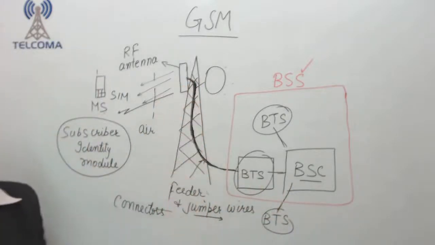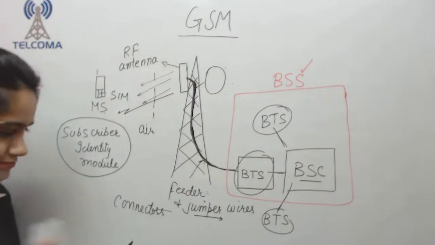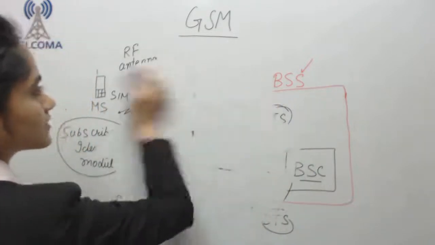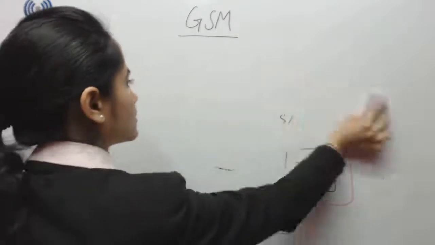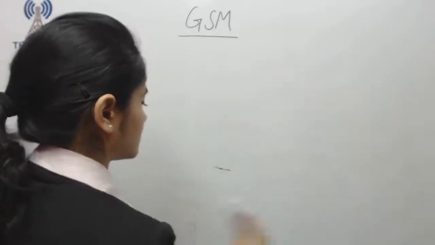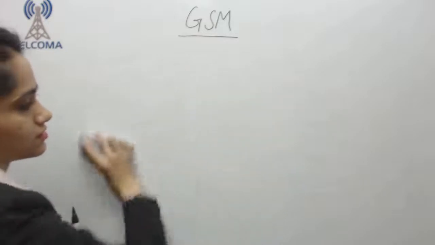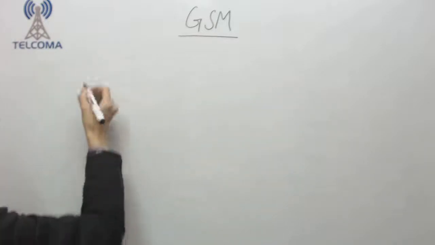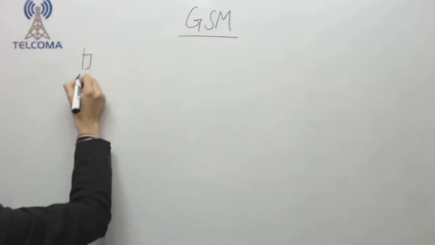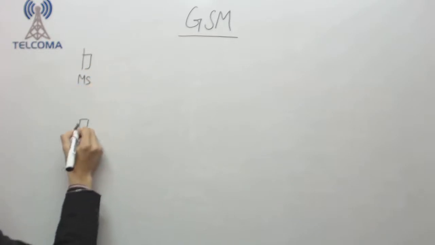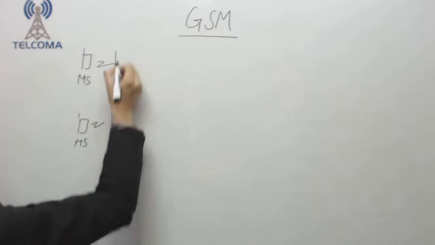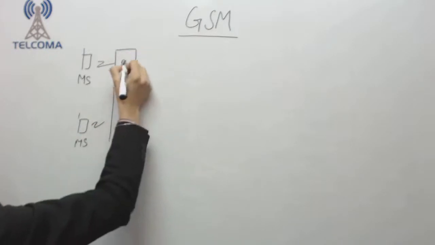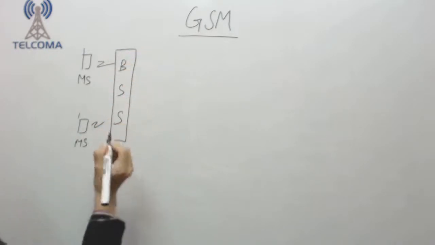The tower is an antenna, an RF antenna, which emits the radio frequency. So this is the mobile station. The mobile station is attached to the BSS, the base station subsystem.